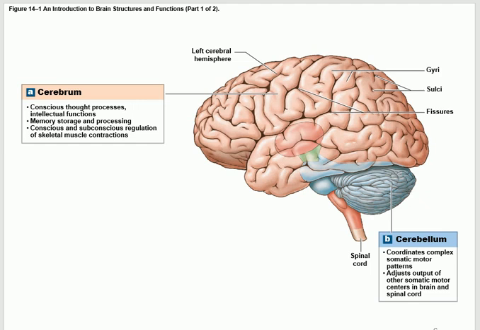So here are all the parts. Cerebrum is this big, the largest one. And there is a cover outside. We call this cover cortex. And there is an inside filling, which is white matter. This big one here is the cerebrum.